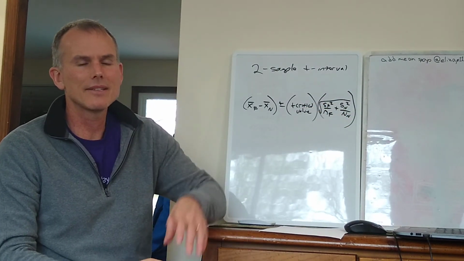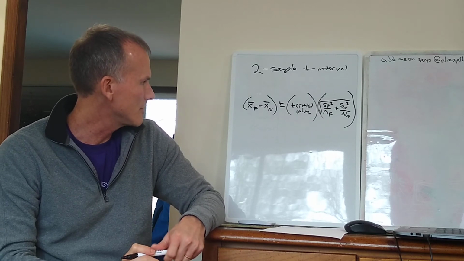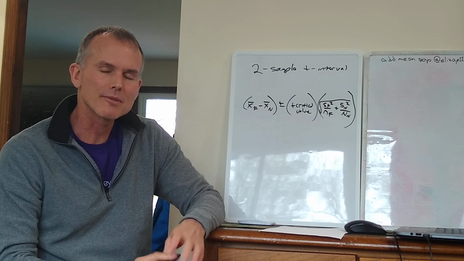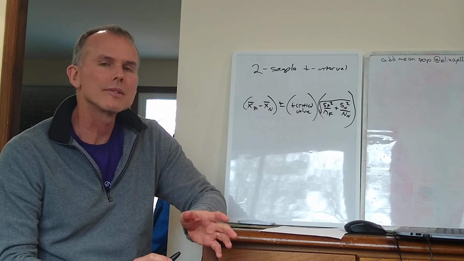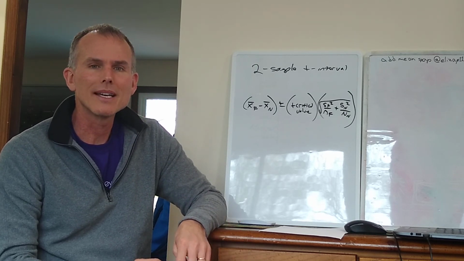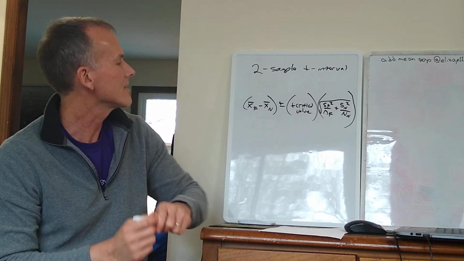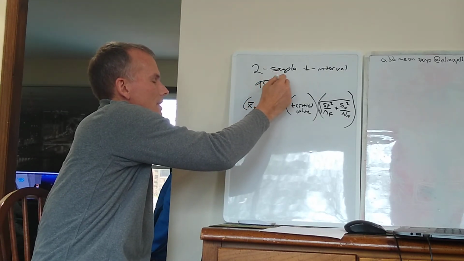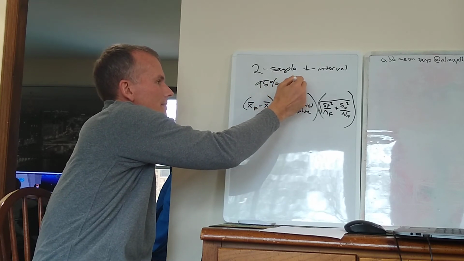Now, to get your T critical value, well, what you do is you look it up in the table for your chosen confidence level, and we'll choose a 95% confidence level.